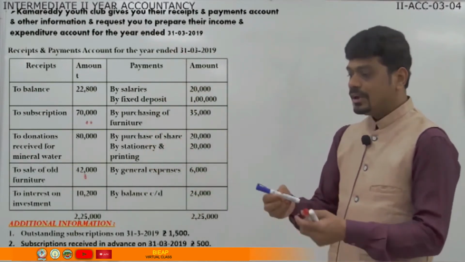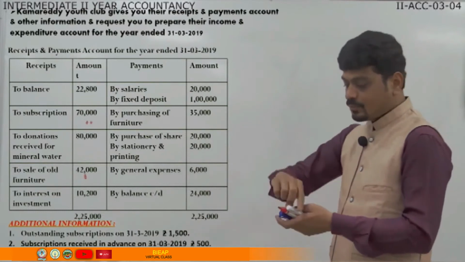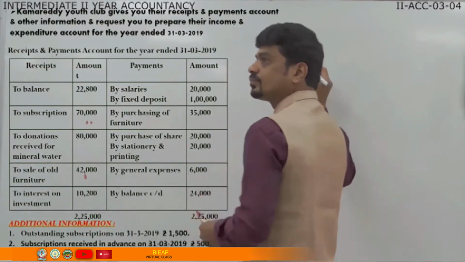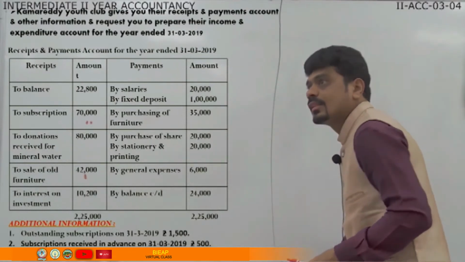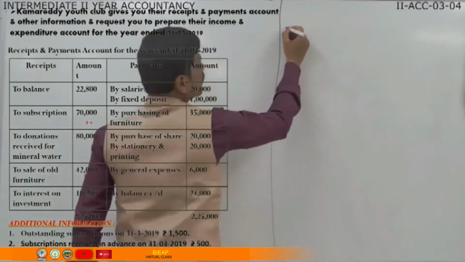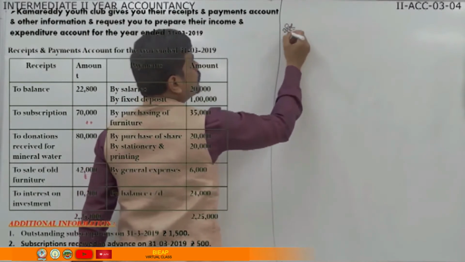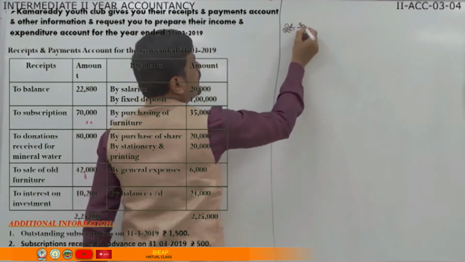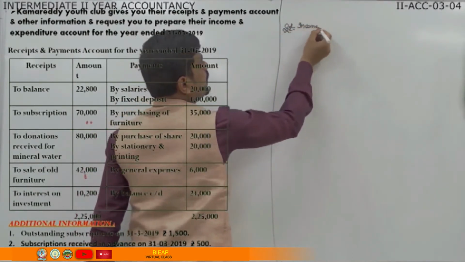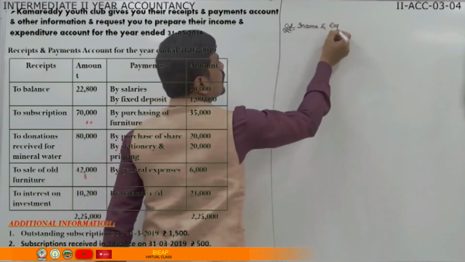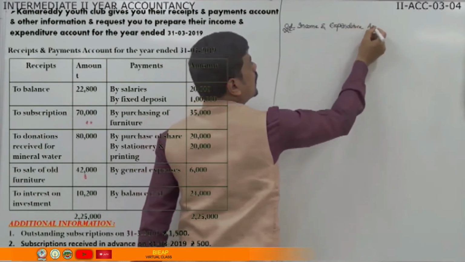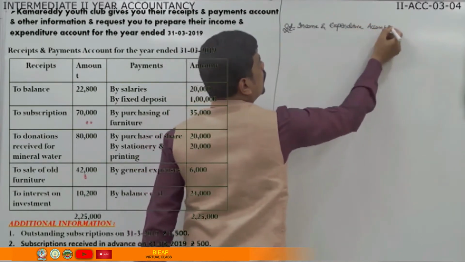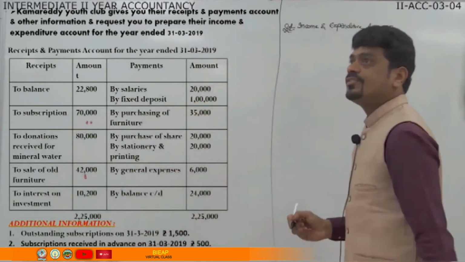How the solution goes. As usual, first the heading. We are preparing the income and expenditure account of, what is the name of the organization?